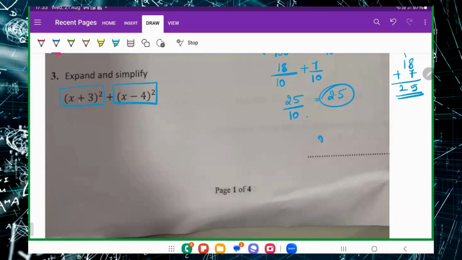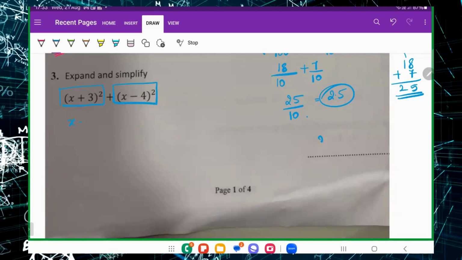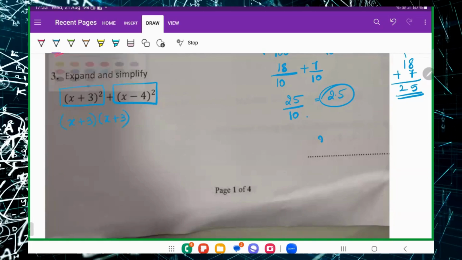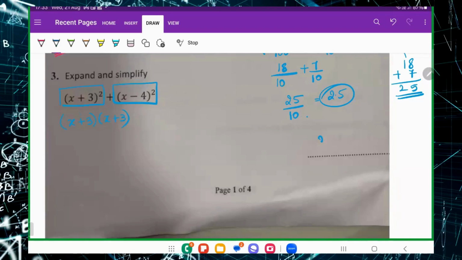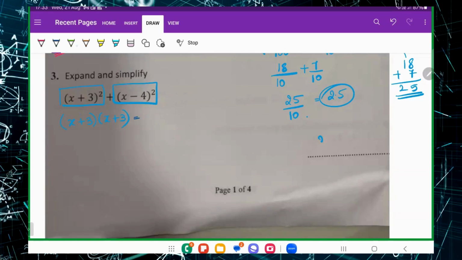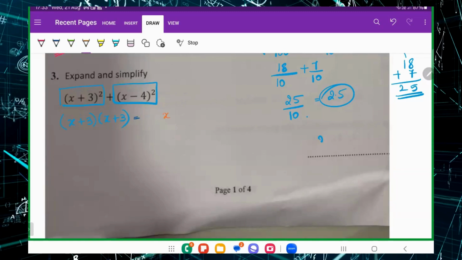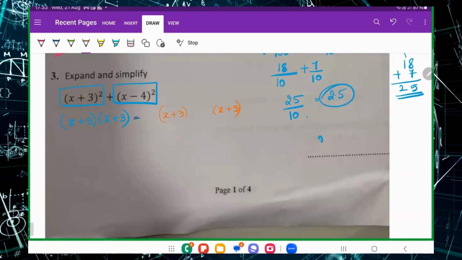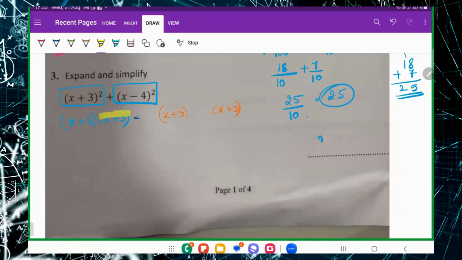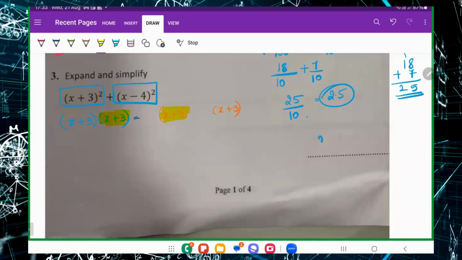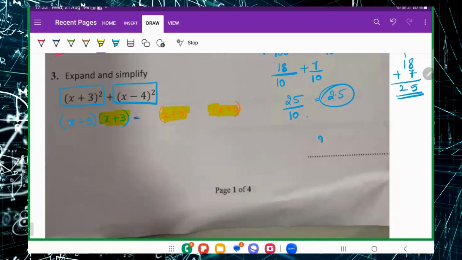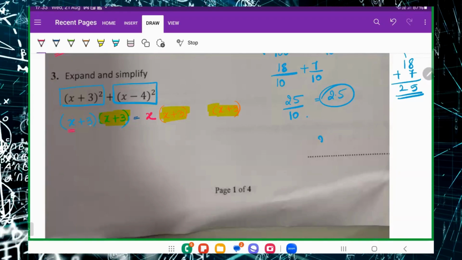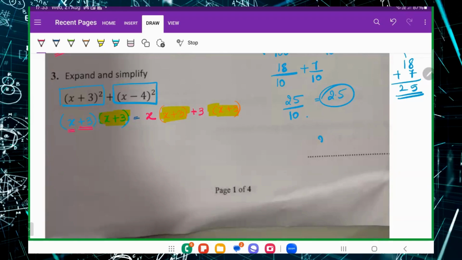So when I say x plus 3 the whole square, which is nothing but x plus 3, right? Now, in this case, I always end up writing the second bracket twice, which is x plus 3 and x plus 3. In the beginning, I've written the second bracket twice here, followed by this one, which I'll write here, and plus 3, which I would write here.